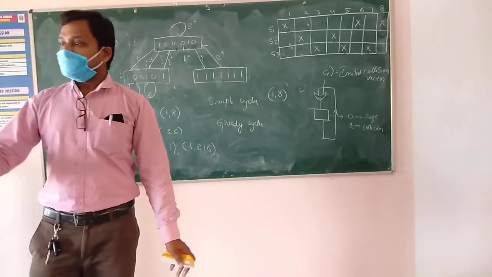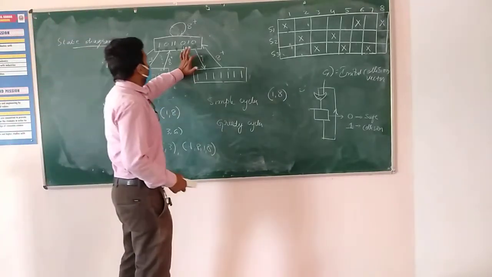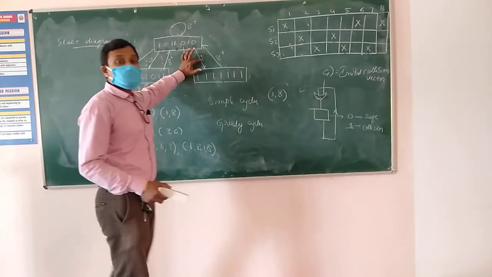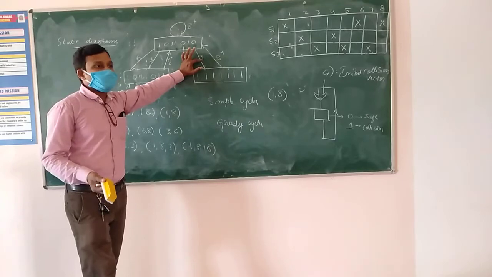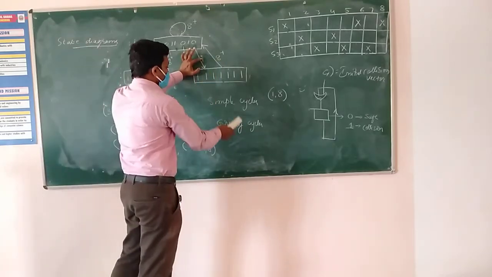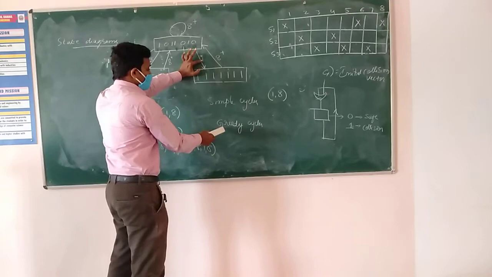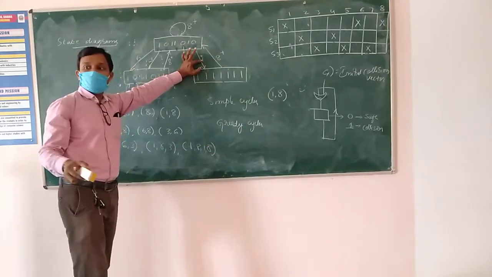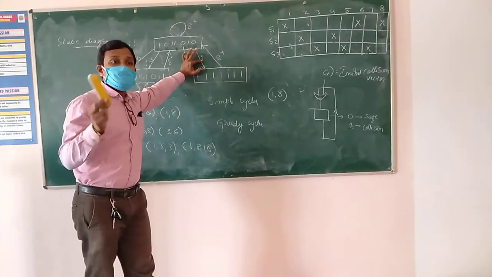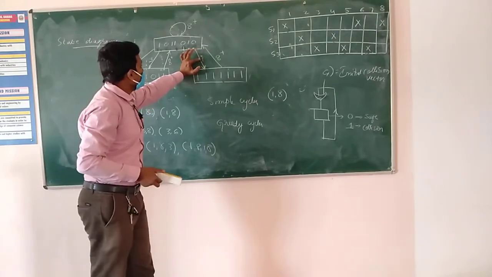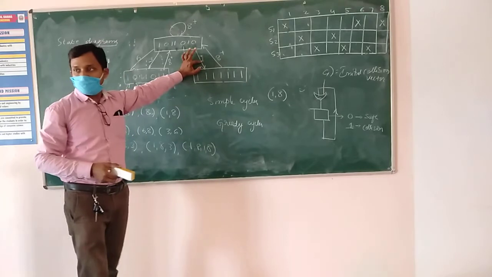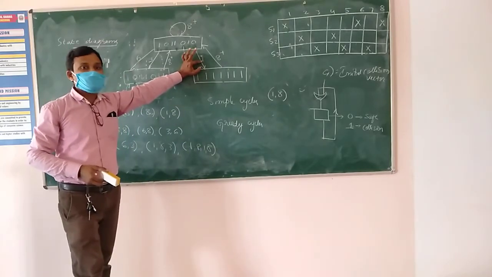Okay, therefore this is a simple cycle, and the greedy cycle is the simple cycle in which we have the minimum latency edge, and that edge is 1.